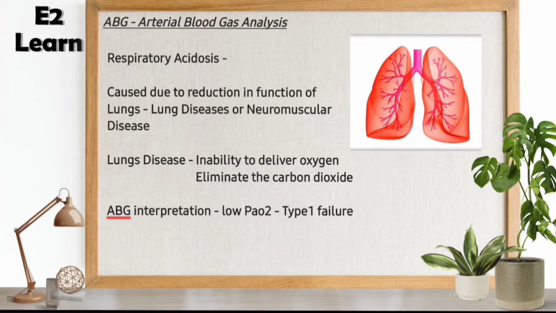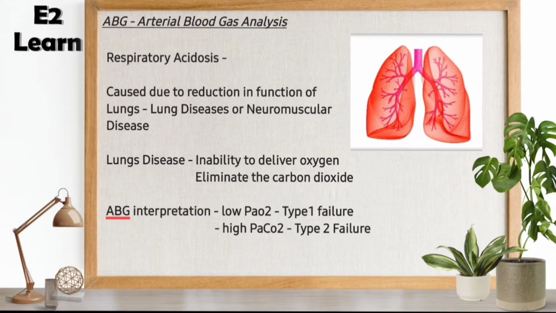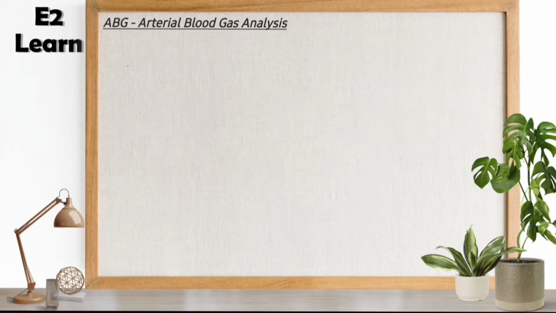So in an ABG interpretation, a low PaO2 will directly denote a type 1 respiratory failure, and if a high PaCO2 level is identified, then it is termed as type 2 respiratory failure.